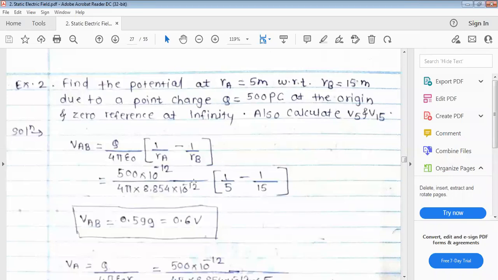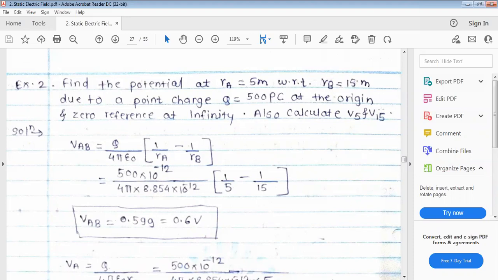Remember. So what is nano? You have to multiply by 10 raised to minus 9. Correct. And if it is micro, then multiply by 10 raised to minus 6.